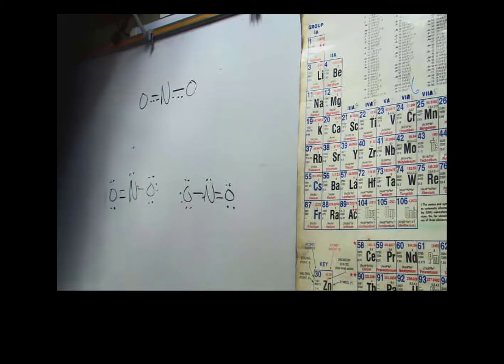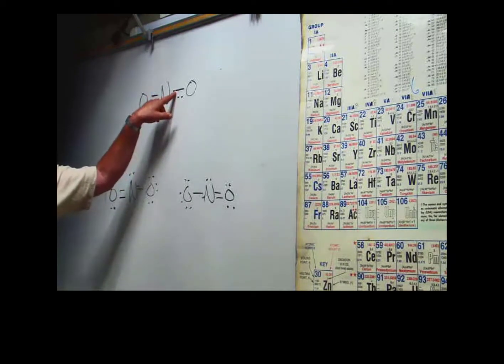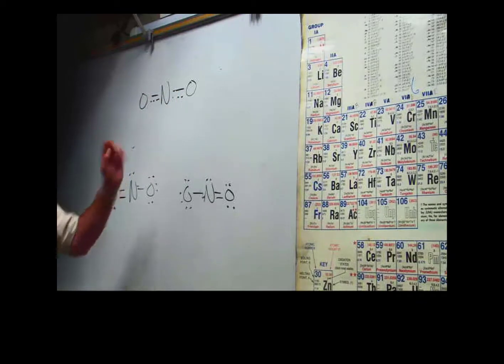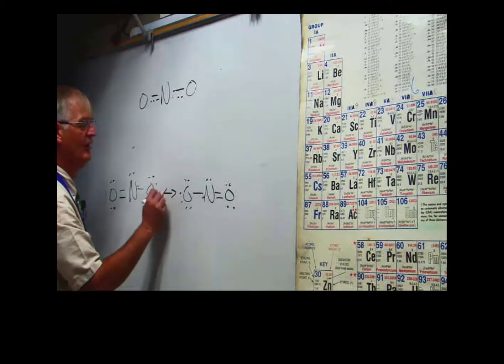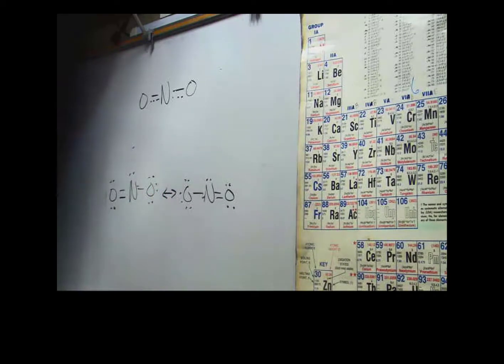So the problem is not with nature. The problem is with our bookkeeping system, that we don't have a good way to draw this. So what they do instead is they put a double-headed arrow in between them to say that it's neither one of these, it's actually in between these two. So the way you indicate it is you draw both and you put a double-headed arrow in between.